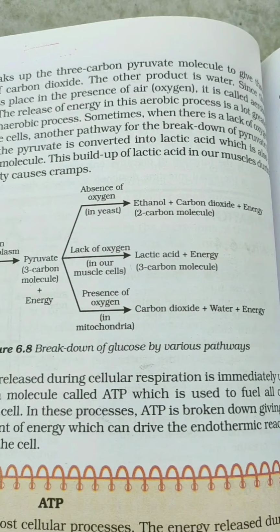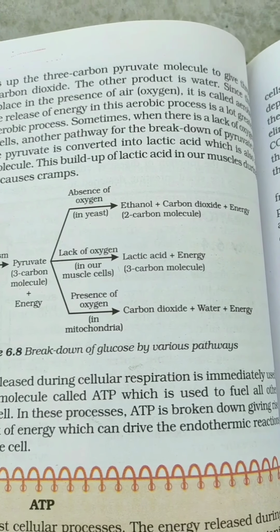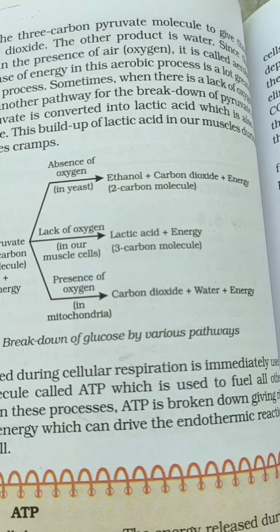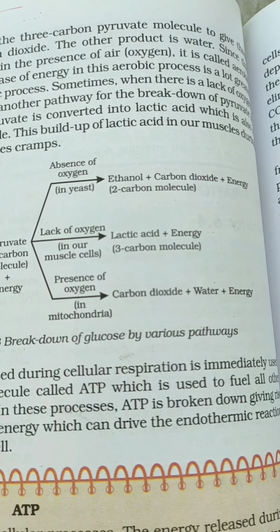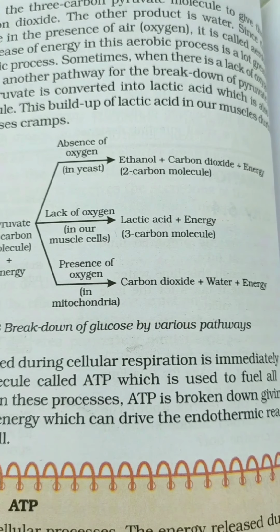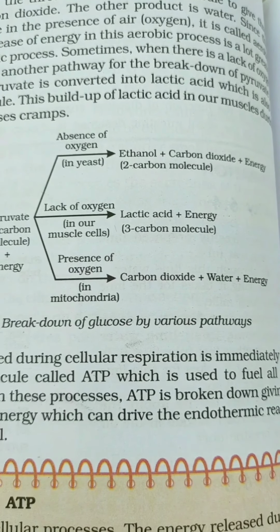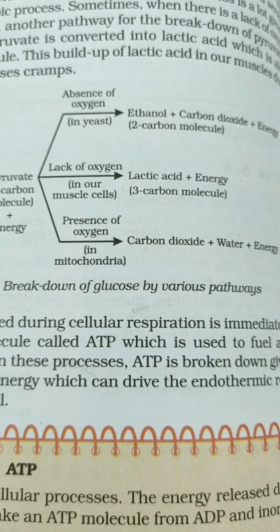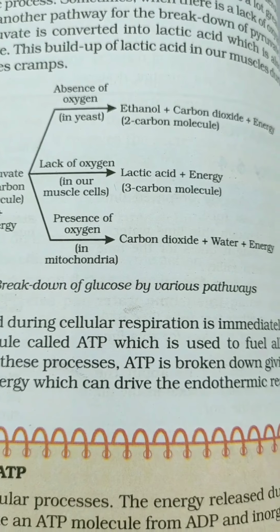If it takes place in the presence of oxygen in mitochondria, it is completely broken down into carbon dioxide, water and energy, which is aerobic respiration. In some organisms, due to the absence of oxygen, the glucose is broken down into ethanol and carbon dioxide, and only 2 ATP molecules are produced.